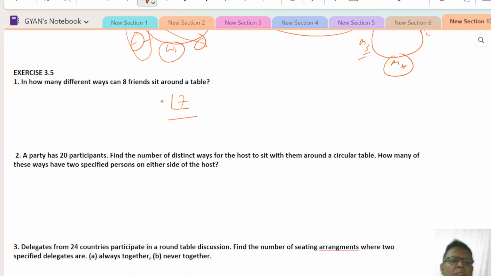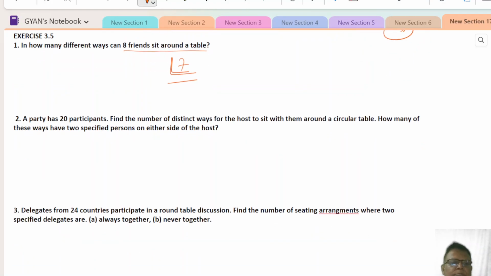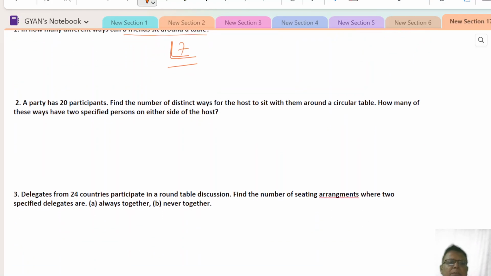Now, in how many ways can 8 friends sit around a table? No restriction: factorial 7, that is 8 minus 1. A party has 20 participants, and find the number of ways for the host to sit with them around a circular table. How many of these ways have two specified persons on either side of the host? First is no restriction. Suppose this one is the host, plus 20, so total 21.